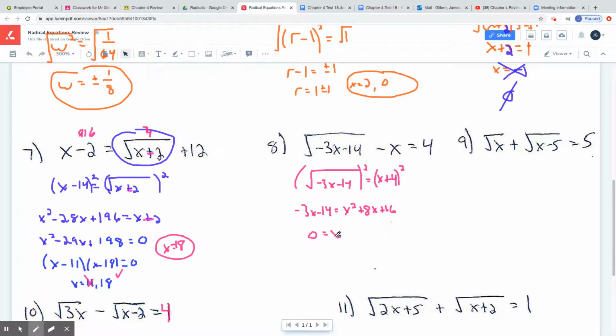Bring this over, set it equal to 0. That would be x squared plus 11x plus 30, which gives me x plus 6 and x plus 5, which gives me two possible answers, negative 6 and negative 5. Now I must check them, since I squared both sides, I raised it to an even power.